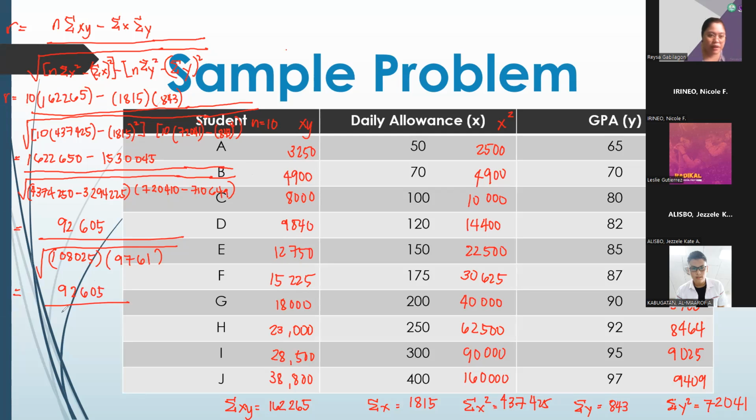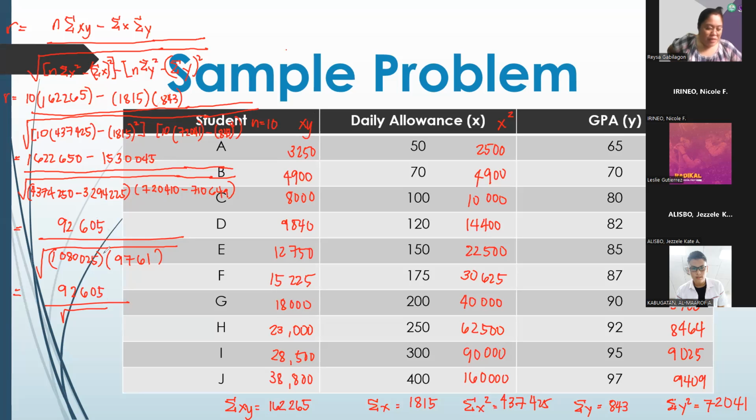92,605 divided by the square root of 10,825. Right? 10,825. Or I am missing a zero there. Again, 4,374,250 minus 3,294,225. It is really missing a zero. I will write this again. It is 1,080,025. There.